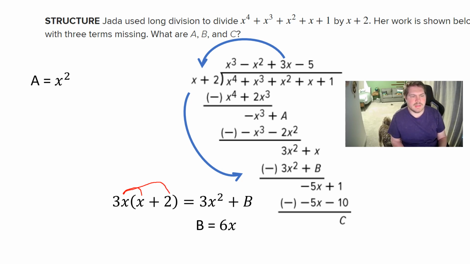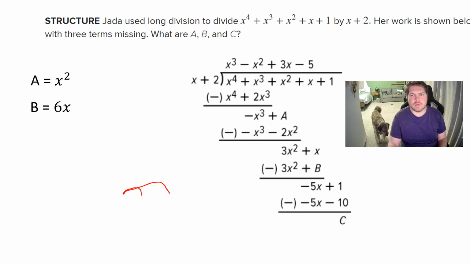So b is 6x. And then our c is super easy. It's our remainder. We don't even have to put that in the fraction. We just need to figure out what was left when it comes to the numbers. And so all we have to look at is 1 minus 10, and we get -9. And that is our A, B, and C.